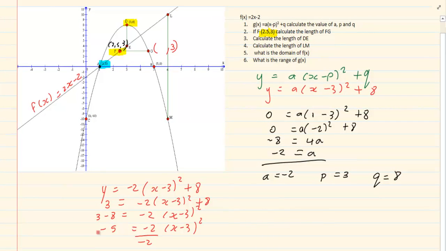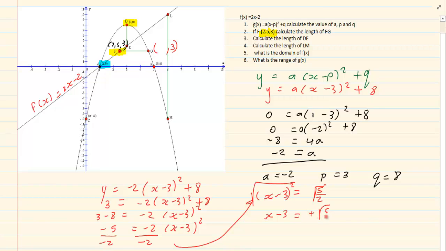We're going to divide by minus 2, and we're going to have x minus 3 squared is equal to 5 over 2. In order to solve, we're going to square root both sides. So we're going to have x minus 3 is equal to the positive root of 5 over 2, or x minus 3 is equal to the negative root of 5 over 2.